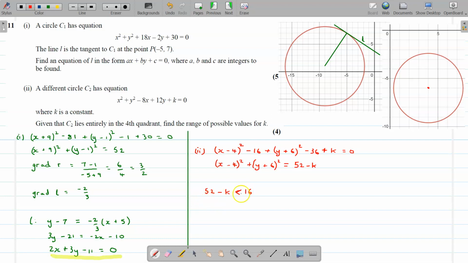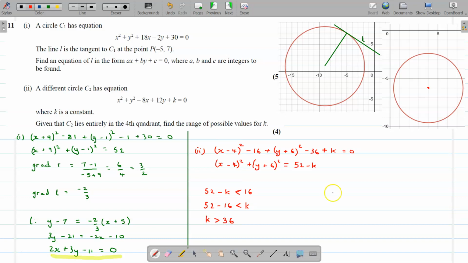And therefore, if you add k to both sides and take away 16, 52 minus 16 has to be less than k. And that means therefore that k has to be greater than 36.